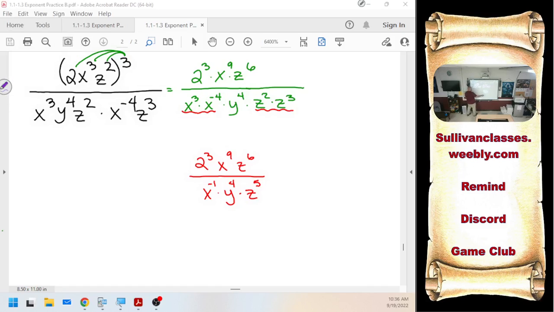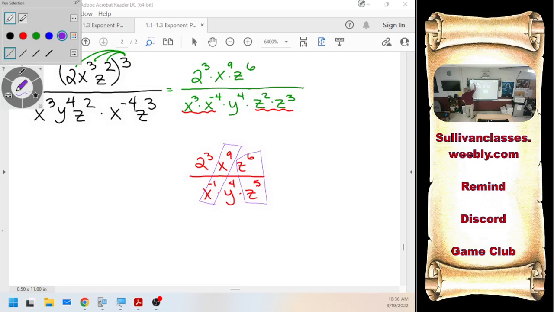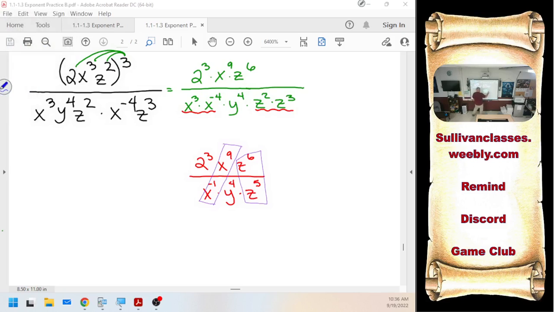Y'all looky. I still have x over x and z over z. What do I do with an exponent over an exponent? Now I subtract. Be x to the negative 10. Z to the.